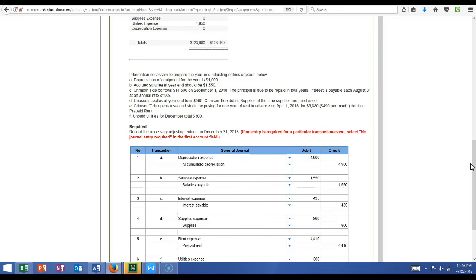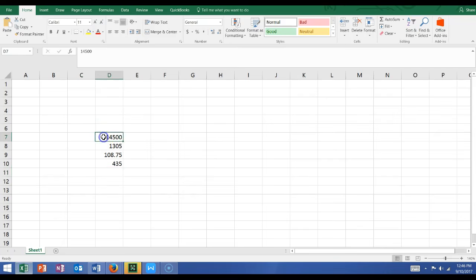They put it all into prepaid rent: $5,880 for 12 months' rent. They did it April 1st, which means 9 months have gone by because today's December 31st.